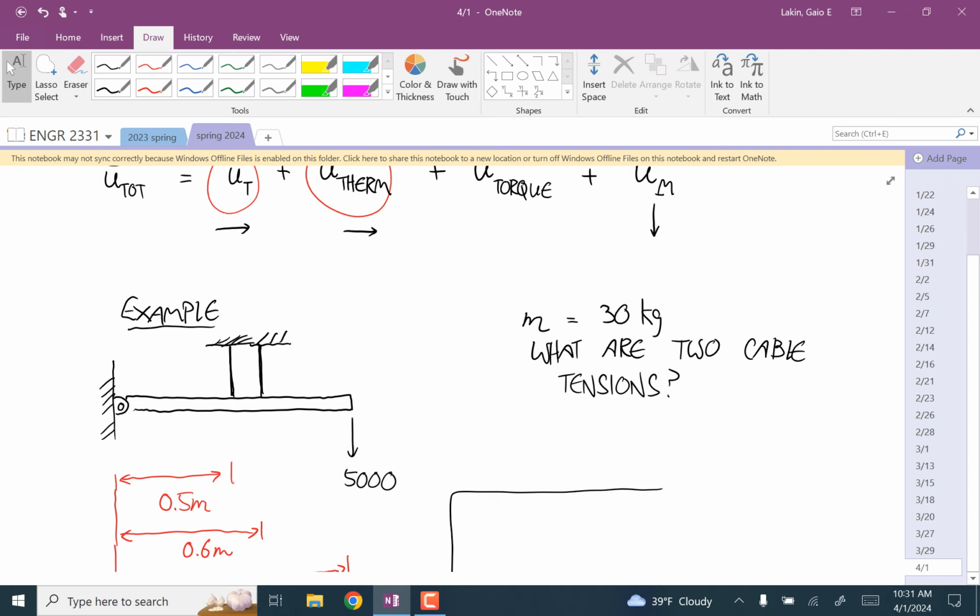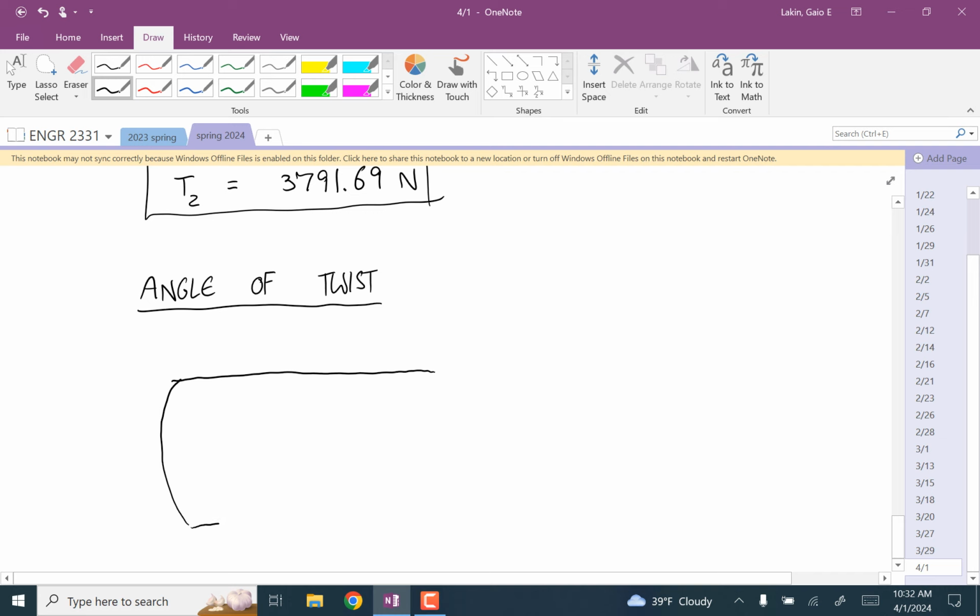Okay, so I'm going to draw a pretty thick, relatively short bar that's in torsion. And we're going to imagine there's a couple this way on that end and a couple this way on the other end.